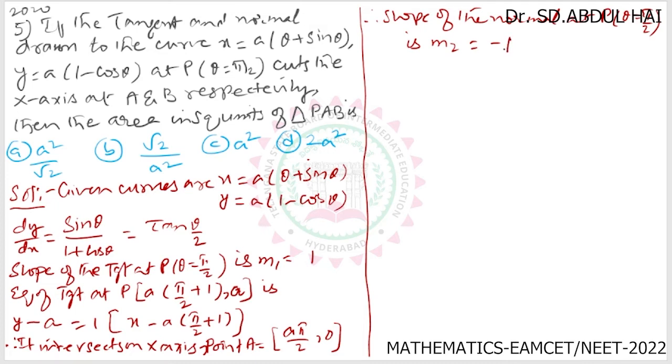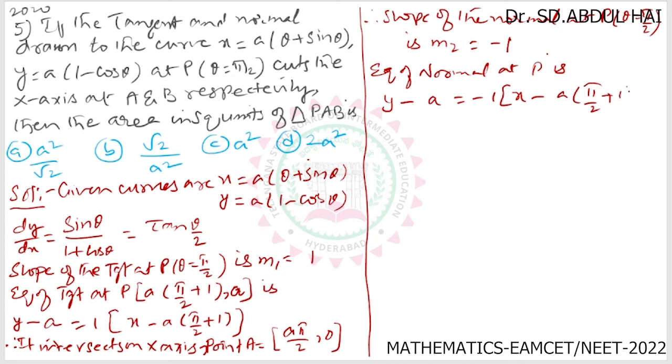Okay. Now, the equation of normal at the point P is, just now we have found out, y minus y1 is equal to m. m is nothing but minus 1 into x minus x1. So, x1 is nothing but a into pi by 2 plus 1.